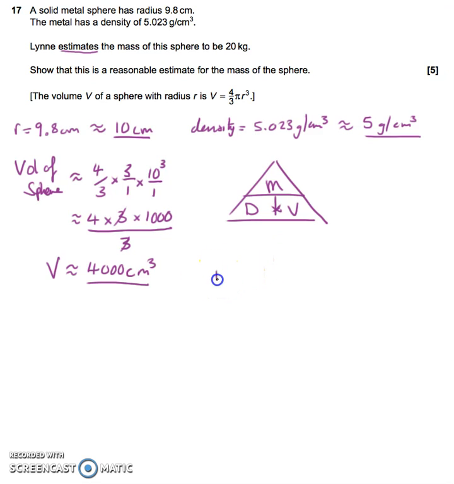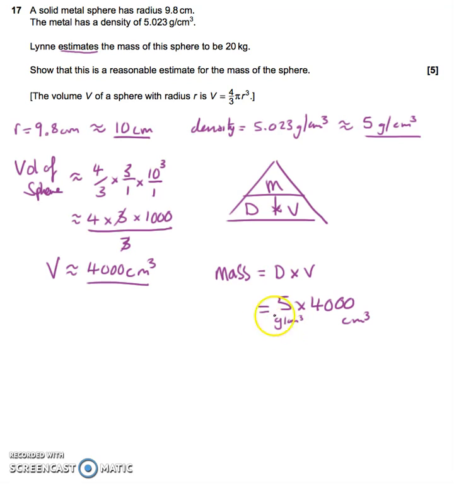So the mass is equal to the density multiplied by the volume. So our approximate mass is going to be equal to density 5 and volume 4,000. Now think about these units: that's 5 grams per centimeter cubed, and 4,000 centimeters cubed.